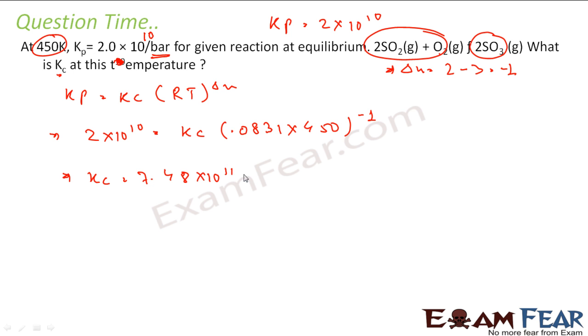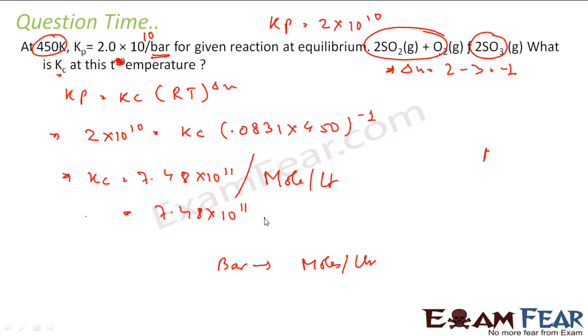Now the unit. Since it was per bar, it will be per M. M is moles per liter. So if the unit of Kp is in bar, bar has to be replaced with moles per liter. So I wrote per mole per liter, or I can say it's nothing but liter per mole.